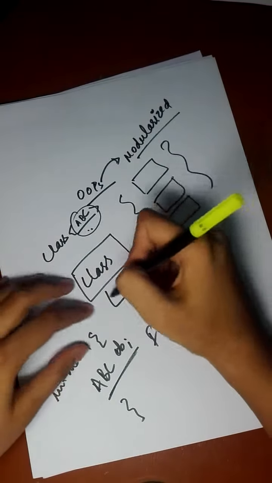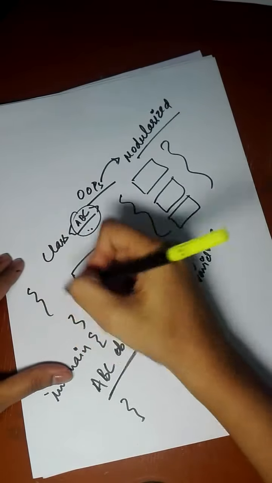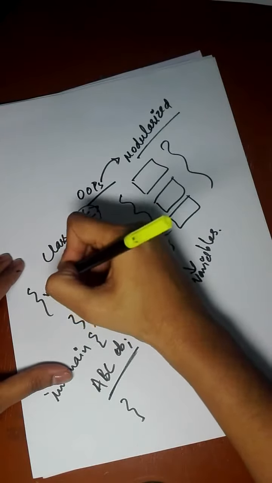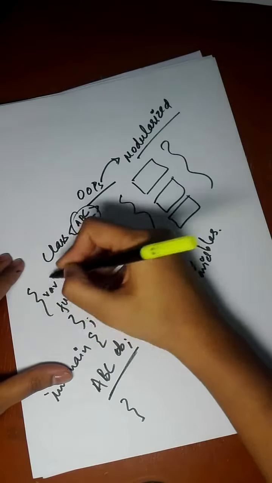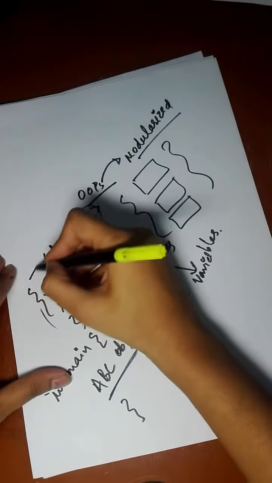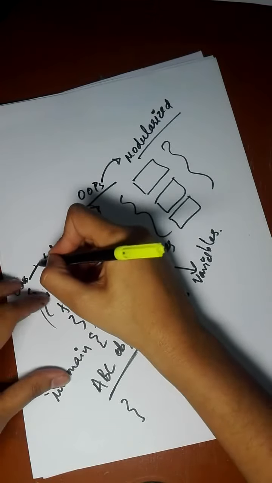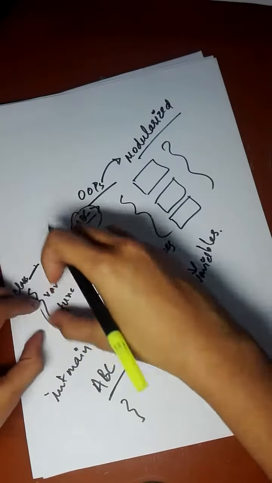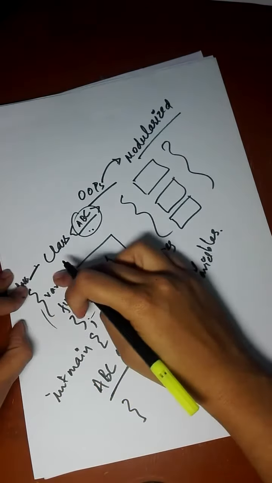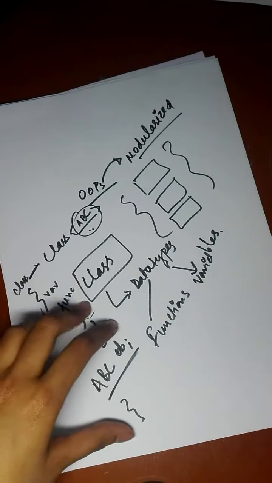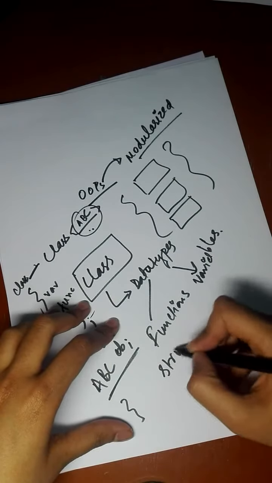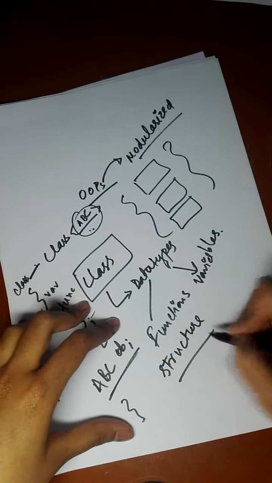In the class you'll have your variables and your functions. So this is a module, and the class that you write is a blueprint or a prototype for all of these. It represents all of these things when you declare it, much like a structure, as I said in the previous video.